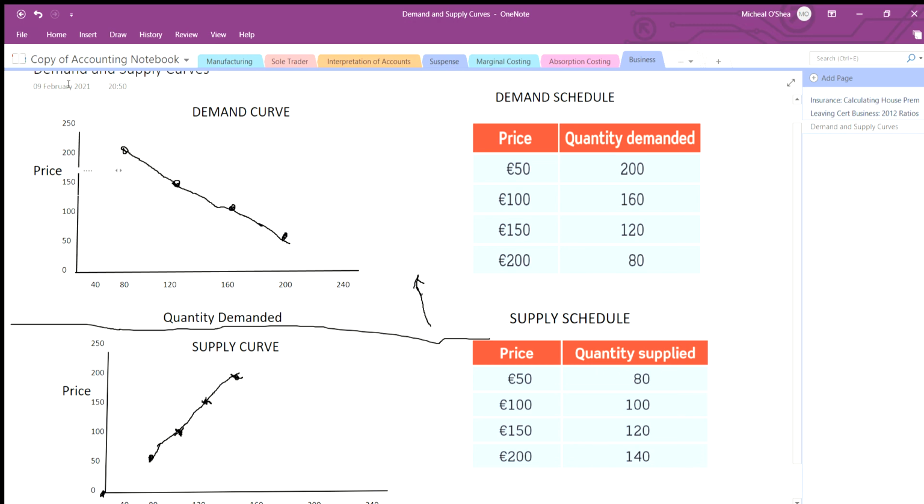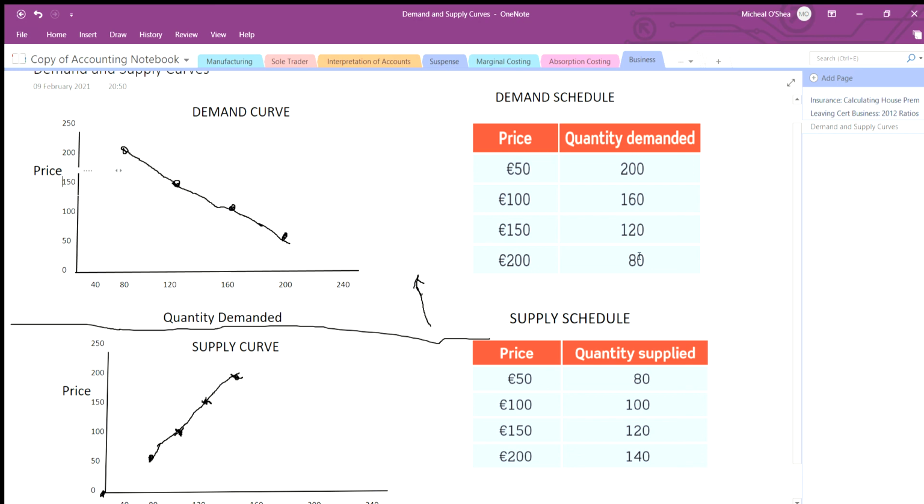Usually I would go for price on the y-axis, because prices generally don't change drastically. Sometimes the quantity could go from 100 to 200, 300 to 400, and you might have a very long graph, whereas the price might only go 20, 30, 40, and it's easier to draw the price in a smaller range. Whereas with quantity, you can use as much of the page as you have.